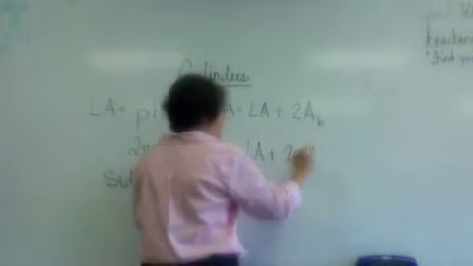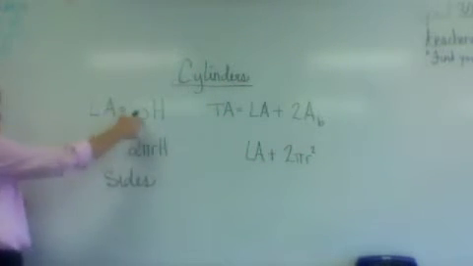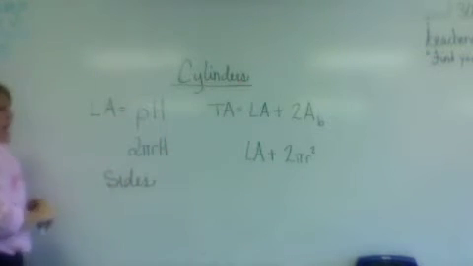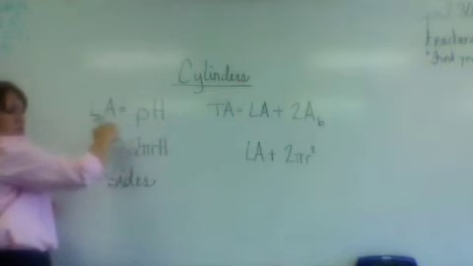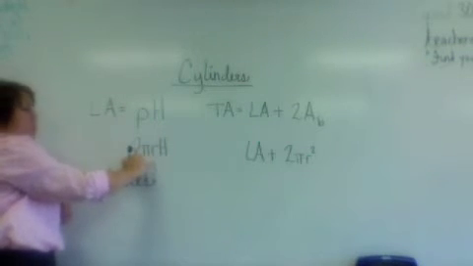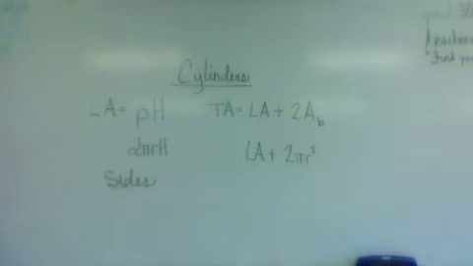Question. Yes. What's with 2 pi r h? This is the general formula. This is the specific formula for a cylinder. I will provide this for you tomorrow. You have to be able to take it one step further in order to find specifically what is the lateral area. Well, what's with pH?